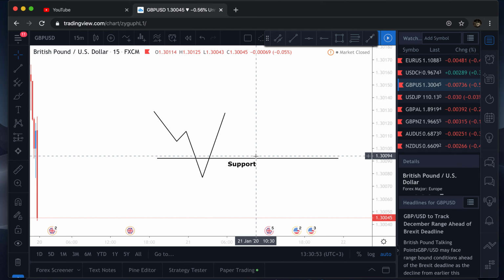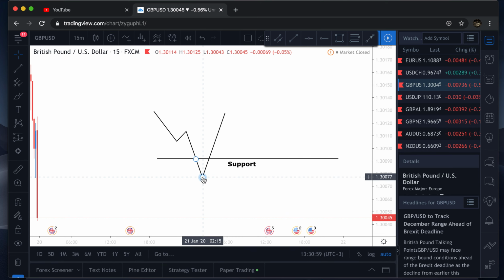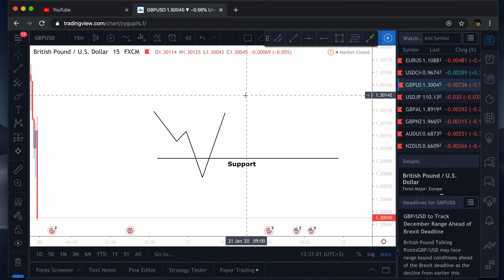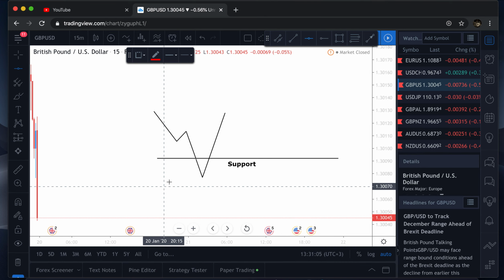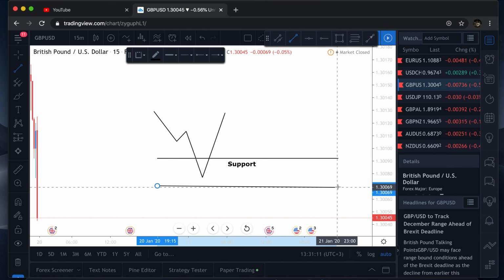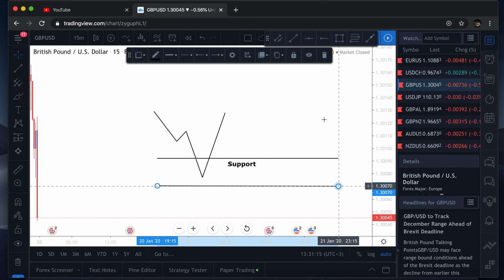When I was a beginner, I used to draw my support like this, only one line, and then the price would drop a little bit down and then continue up. So I figured out that there is always a support or resistance zone, not just a single line.